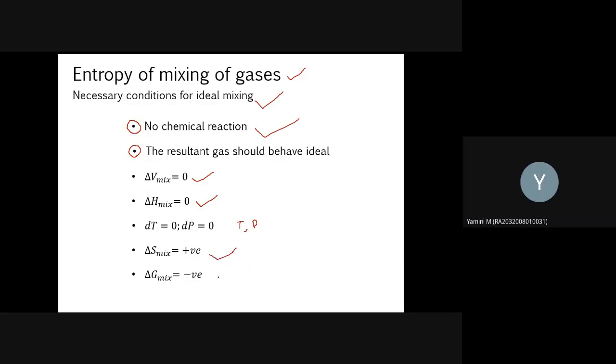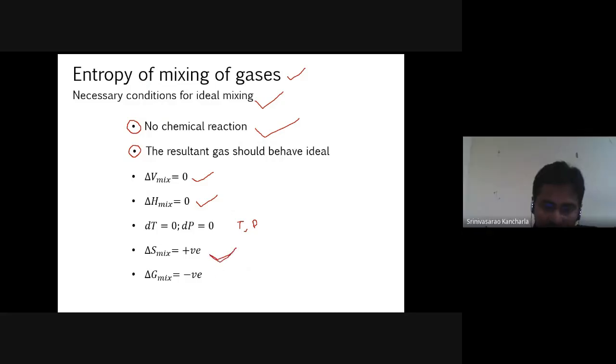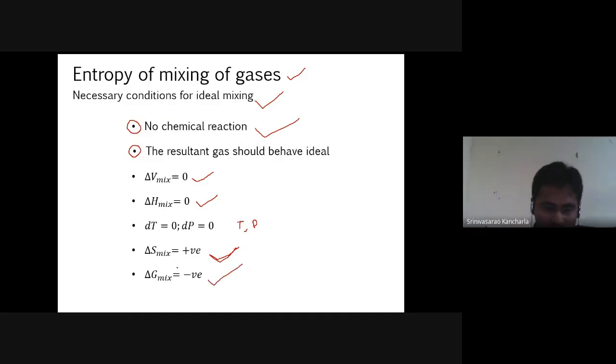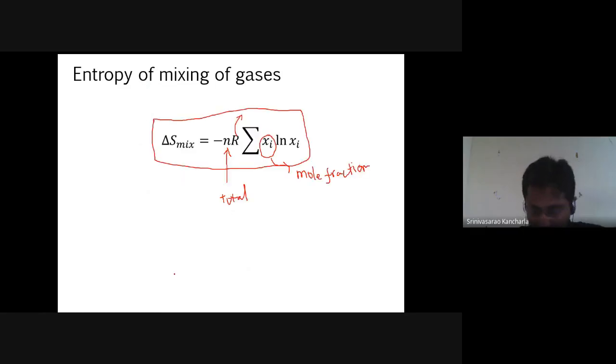This is the spontaneous condition. Another one, delta G mixing negative is also a spontaneous condition. So these conditions must be satisfied if you want to use this formula to calculate the change in entropy of the mixture. Understand?